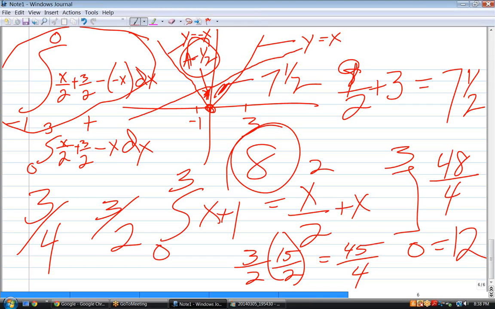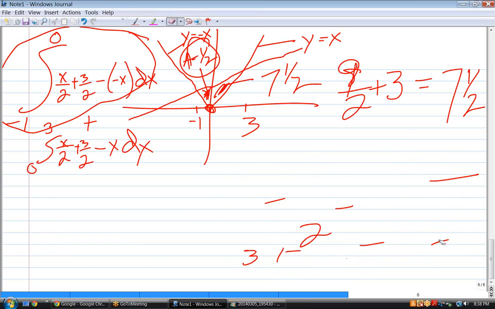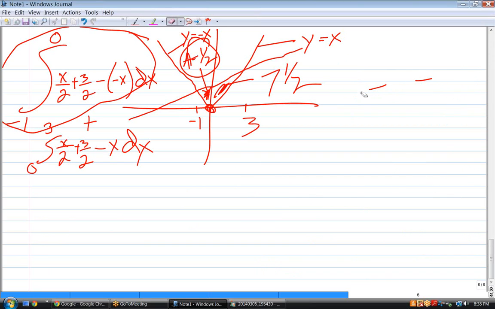So I have minus x over 2. Yeah, okay, let's do the second part again. I didn't do the second part correct. Sorry. This is actually a pretty good problem because it demonstrates how to use absolute value, and it also demonstrates how easy it is to get your signs mixed up.